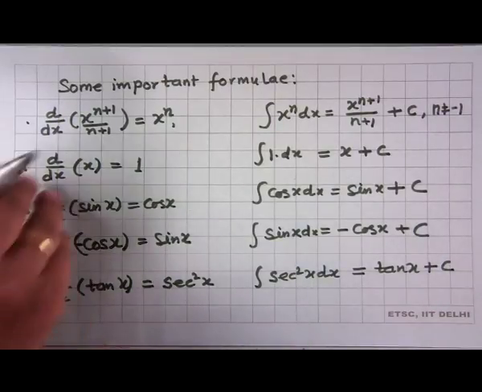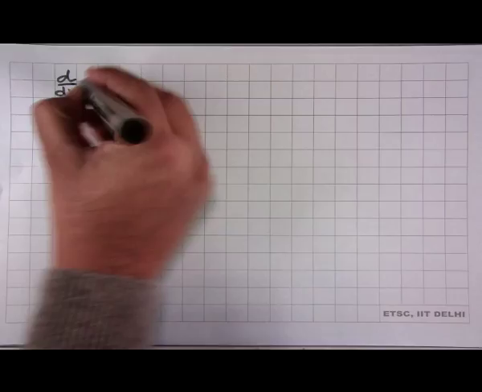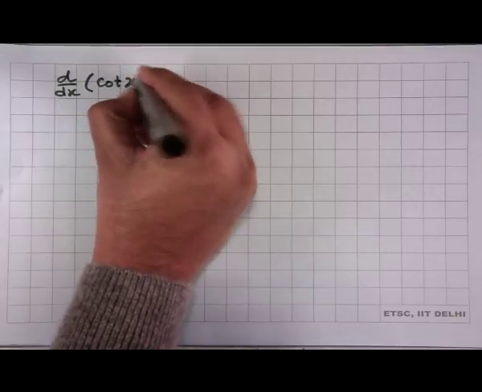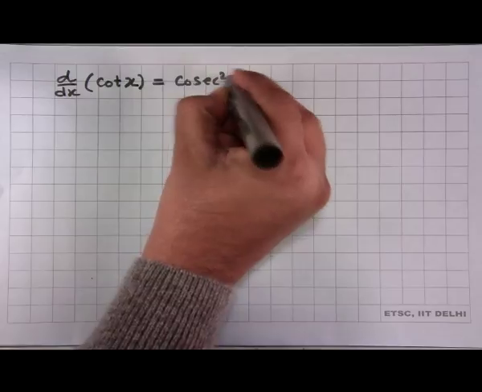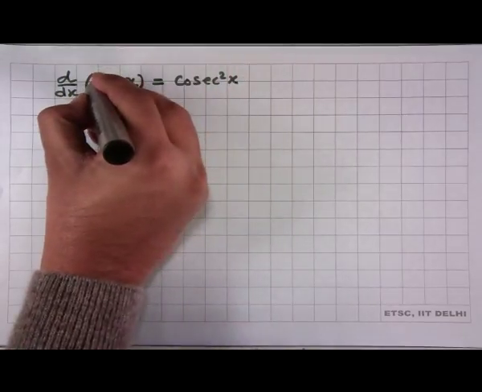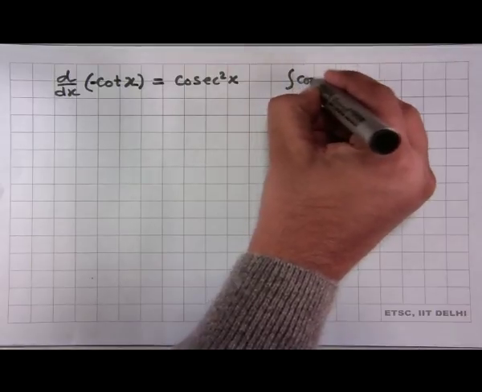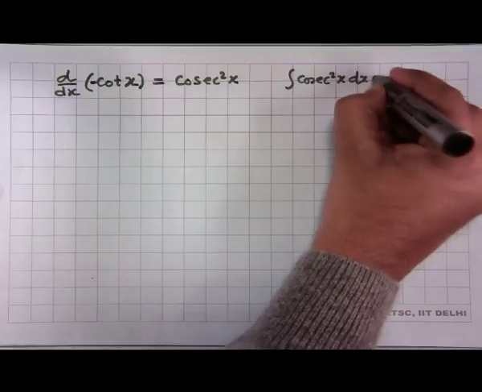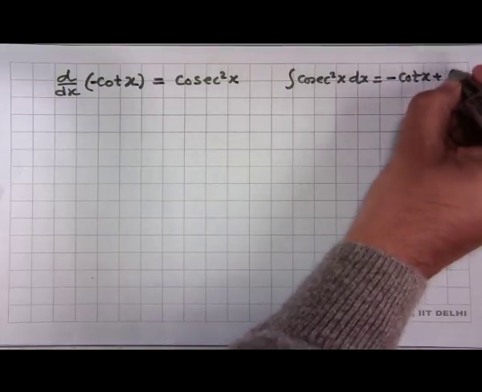These are all standard formulas which you can find in any of the reference book. D by dx of cot x is again minus cosec square x, but I shall write it in this manner, so that it becomes integral of cosec square x is minus cot x plus constant.